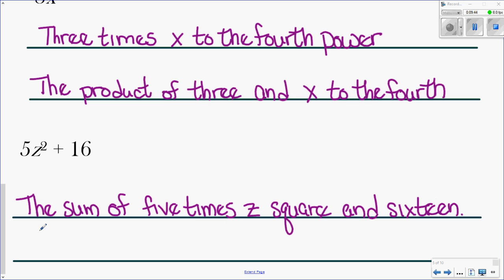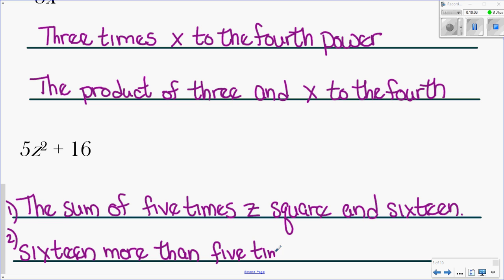Or you could say 16 more than 5 times z squared.